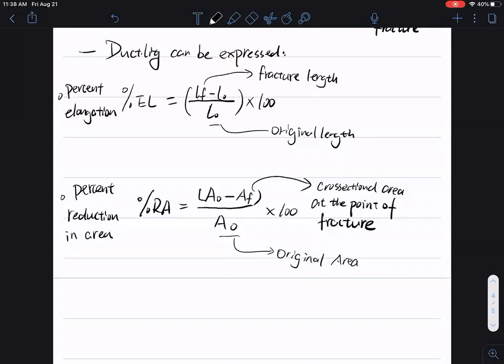So at room temperature, most metal materials are moderately ductile. But if you lower the temperature, even a very ductile material can become very brittle. So at low temperatures, most metals will become very brittle.